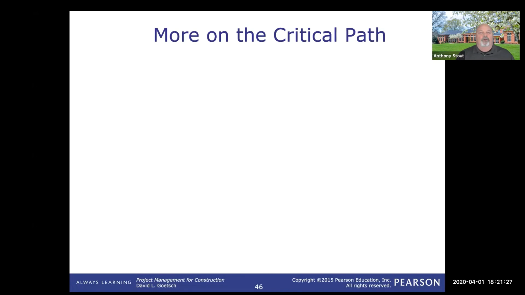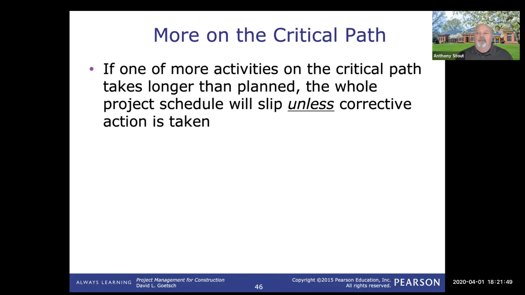All right, so when we talk about critical path, if any of the activities on the critical path slip, then the project end date is going to slip unless we do something, unless we crash the schedule by adding more people or make some other adjustments to correct for that. And that's part of the management effort.